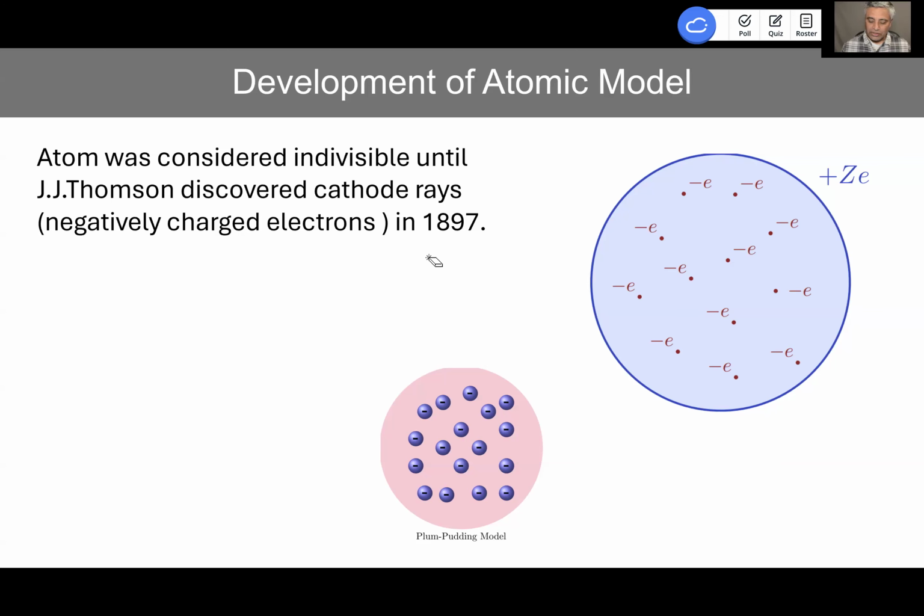The discovery of the electron showed there are negatively charged particles, but at that time we already knew atoms were neutral. If negative charge comes out, there must be positive charge left inside, so that altogether they were neutral.